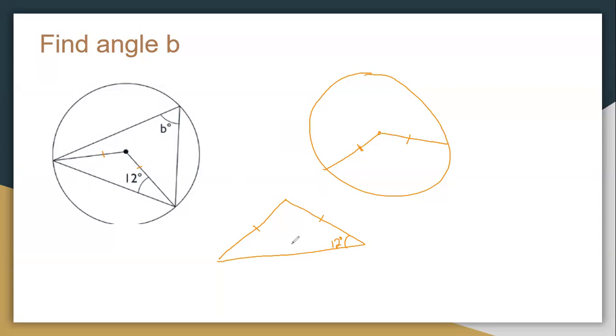And when it comes to an isosceles triangle, there is something special about it. When you look at this triangle, this is the base of the triangle. What do you know about this angle that I'm calling C?